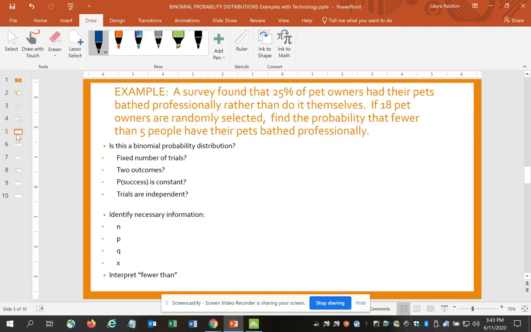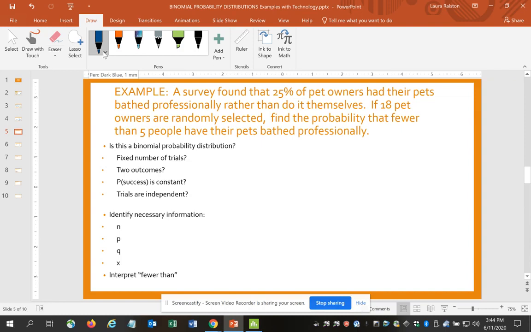All right, let's look at another scenario. A survey found that 25% of pet owners had their pets bathed professionally rather than do it themselves. If 18 pet owners are randomly selected, find the probability that fewer than 5 people have their pets bathed professionally.